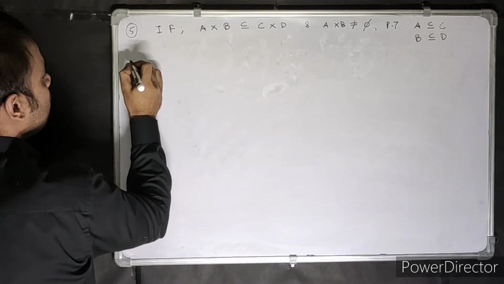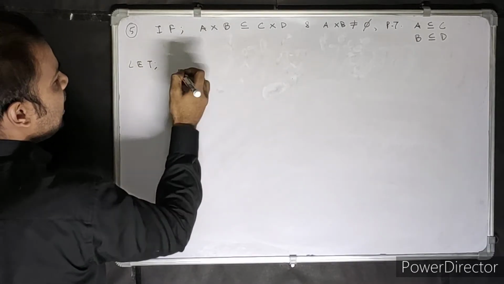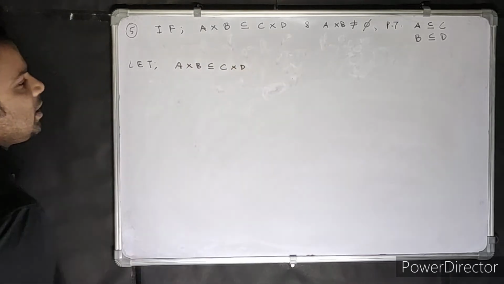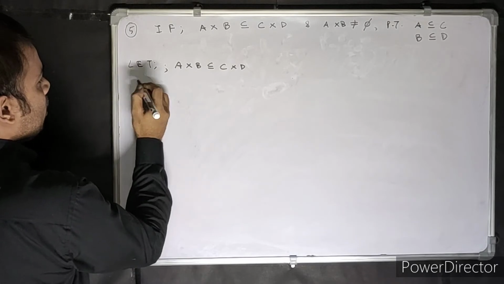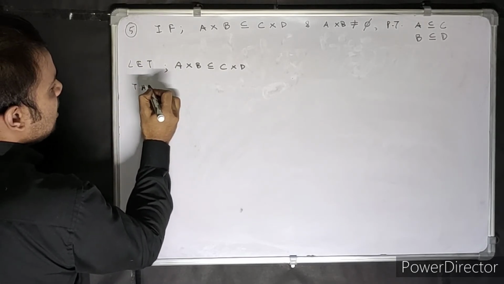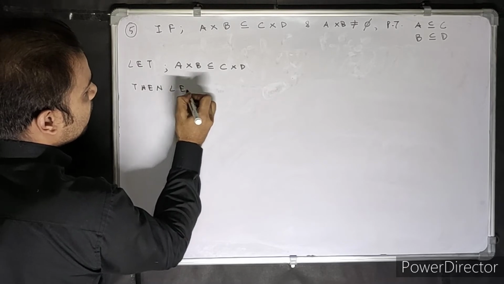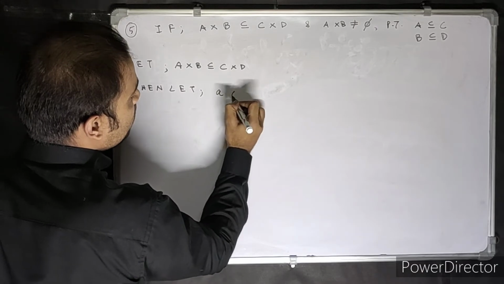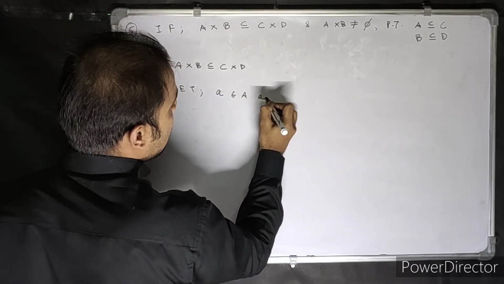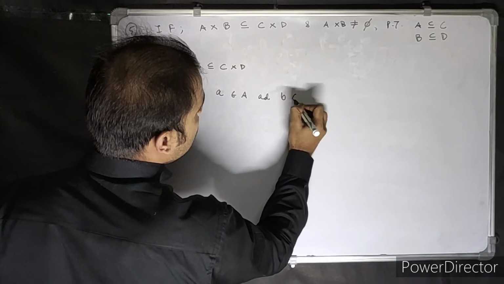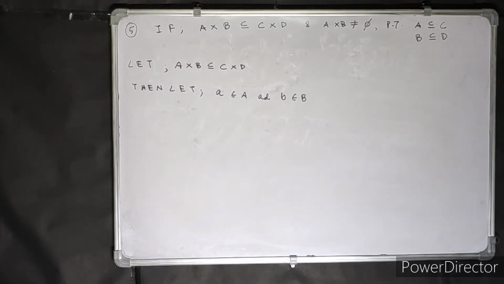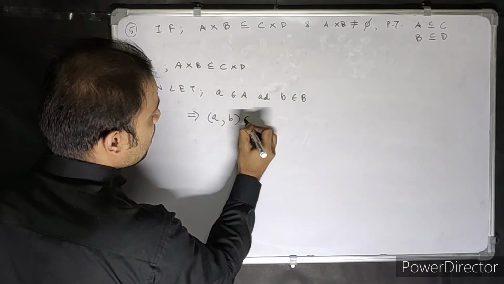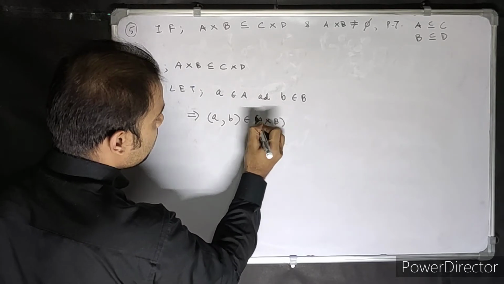So start writing. Start from here. Let A cross B be a subset of C cross D. Then let a belong to A and b belong to B. This implies (a, b) belongs to A cross B, right?